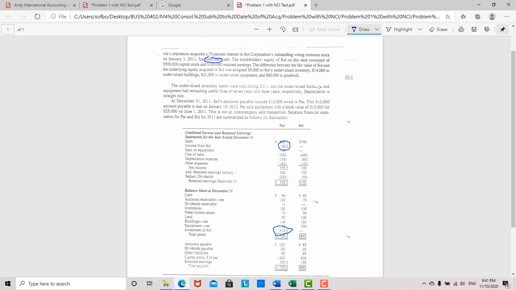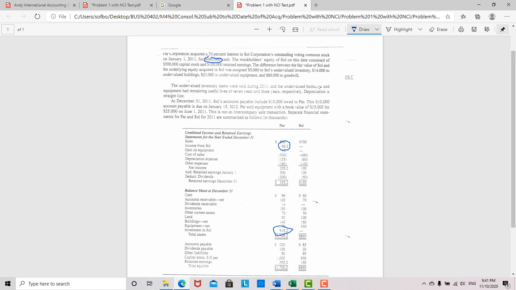And the shareholders' equity consisted of $500,000 capital stock and $100,000 retained earnings. They're paying $490,000 for 70% interest in a company with total equity of $600,000. Okay, so they're overpaying, if you just do basic arithmetic.